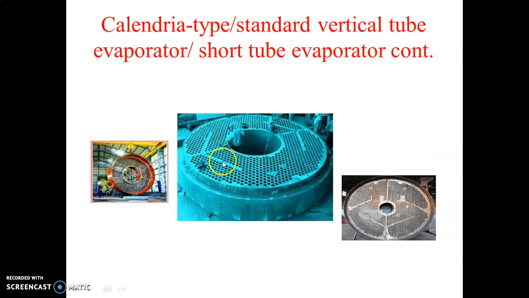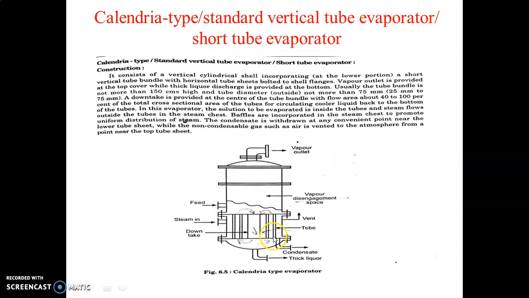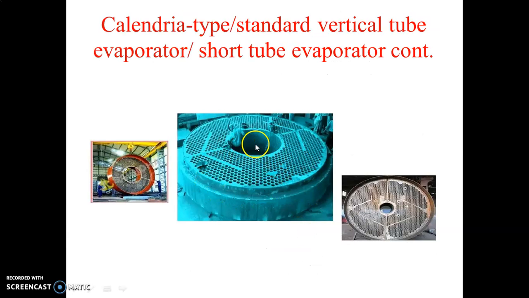Here I will show this figure. This is called a downtake, and these are the tubes. This is actually the top view of the tube bundle, that means this part is shown in this photograph. This part is called a downtake, provided for circulation, and these are the tubes which have a smaller diameter.